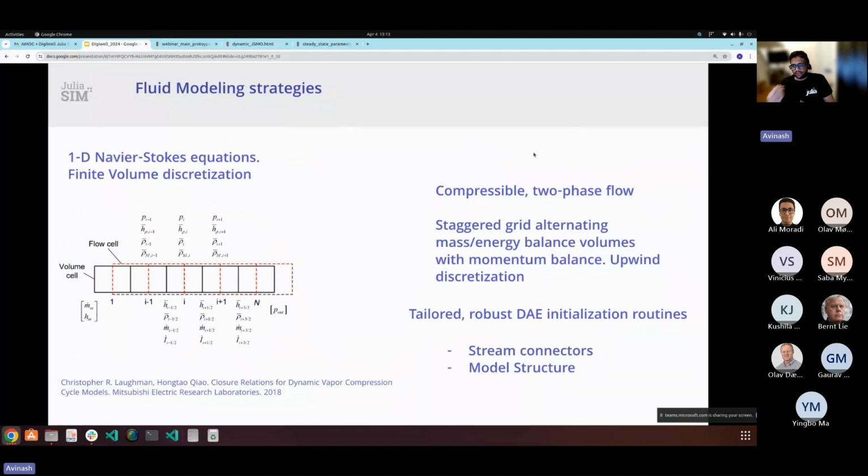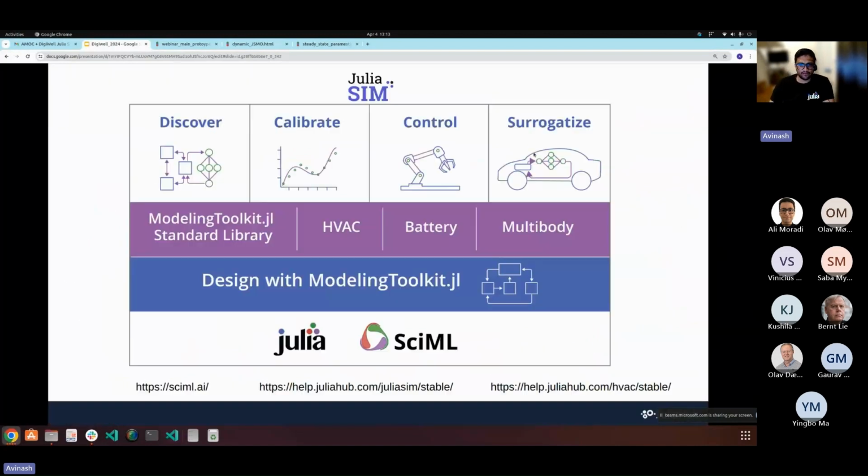So, just presenting the overview of the approaches to solving these thermal fluid modeling challenges. We have a platform product called JuliaSim that is built upon Julia and the SciML toolkit. It's designed with ModelingToolkit, which is a symbolic modeling language.